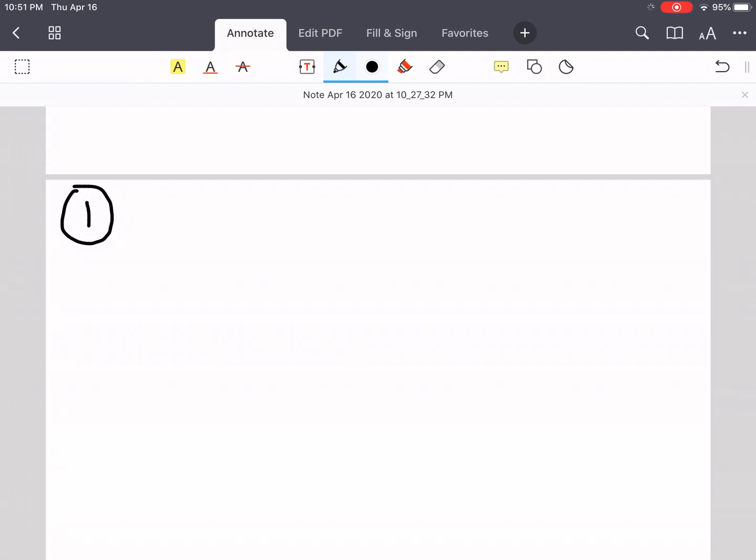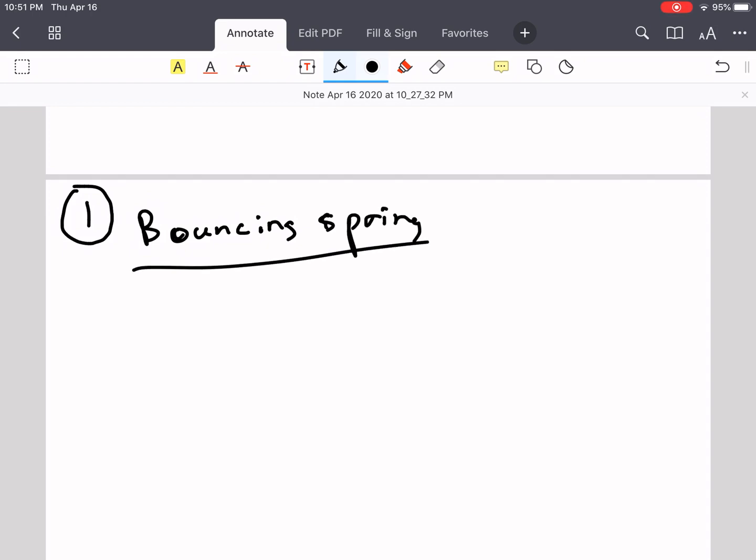So as a quick reminder, I have two modes of harmonic oscillation, what I'll call the bouncing spring. That's where that apple was just bouncing up and down. So for the bouncing spring, the angular speed, omega 1, is simply going to be the square root of k over m.